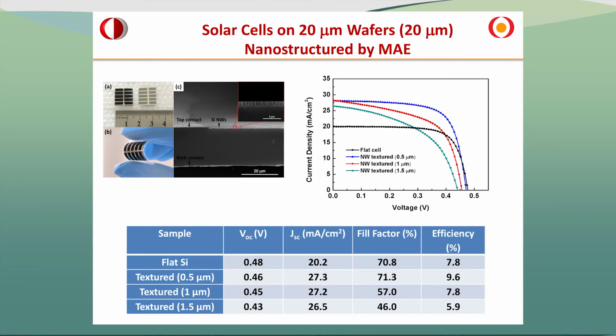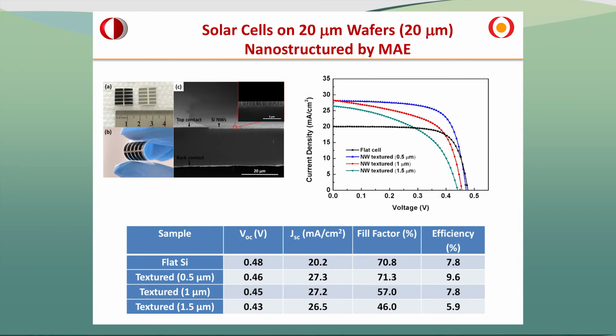The black one shows the flat cell without any wires, and the others show the results for the samples with nanowires with a length of 0.5 to 1.5. And you see the short circuit current is increasing again, as you might expect from the light trapping action.